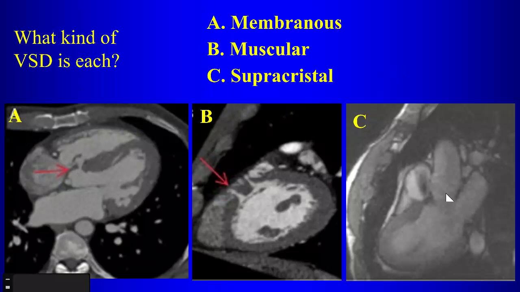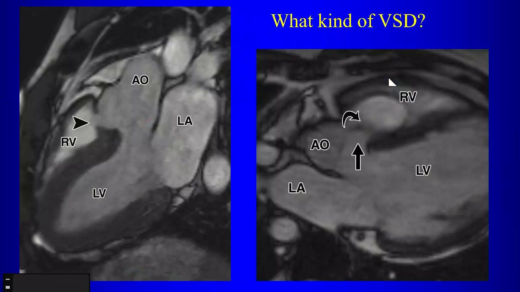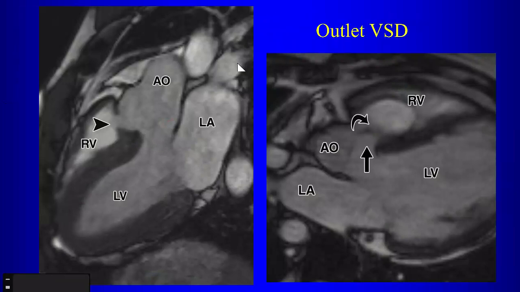So supracristal, so C is an outflow type. Near the membrane, that's a membranous or perimembranous ventricular septal defect. That's a muscular defect. This is very high, so that's a supracristal defect. It can be hard sometimes to differentiate those from the perimembranous ones, so you really need to look at all of the views. Right? So here again, we have a pretty high ventricular septal defect there.